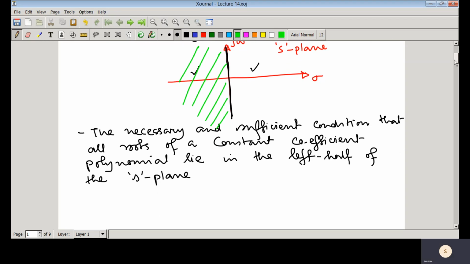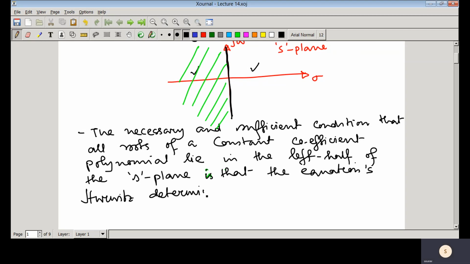So this criterion says that the necessary and sufficient condition is that the Hurwitz determinants Dk, I am going to explain what is that Hurwitz determinant.